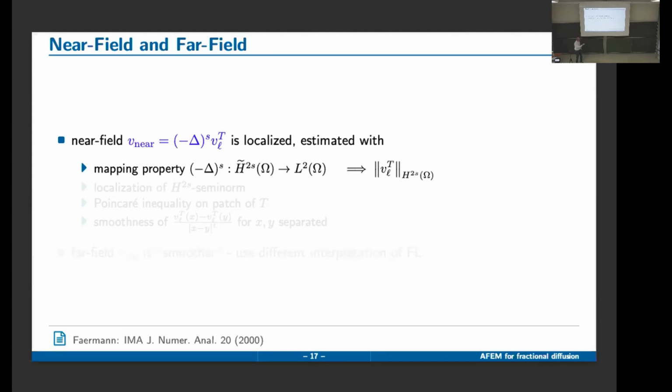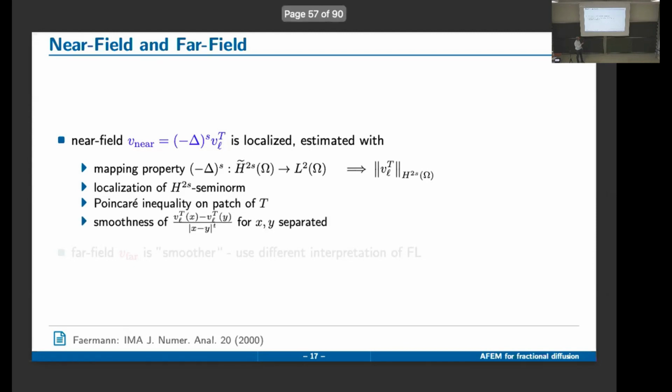Okay, still the norm is non-local. But thanks to this Faustmann work of 2000, there's a localized upper bound for this. So even though the norm is non-local, I can again use something localized as an upper bound. So I can localize this and then use Poincare inequalities on patches.